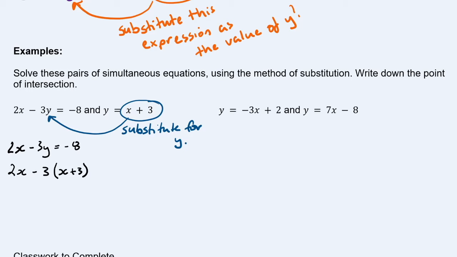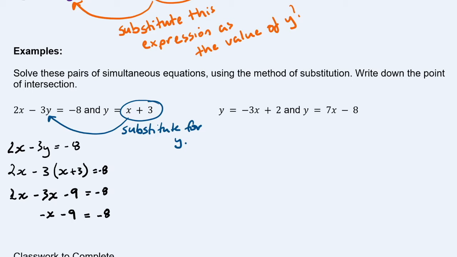I'm going to expand it all out. It's going to be minus 3x, and minus 9. There's our expanded equation. I'm going to collect some like terms there. I have minus x minus 9 equals minus 8.